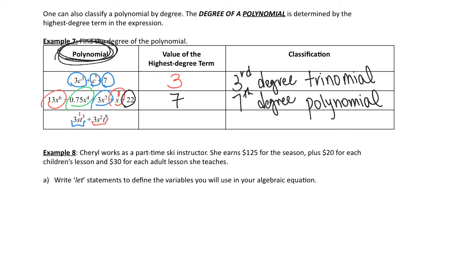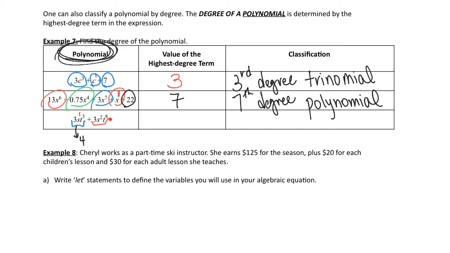So what do I mean by that? You actually need to add the exponents together first. Once you add them together, then you can pick out which total is the highest. For the first term, the exponents that I see are 1 and 3. If I add them together, 1 plus 3 gives me 4.